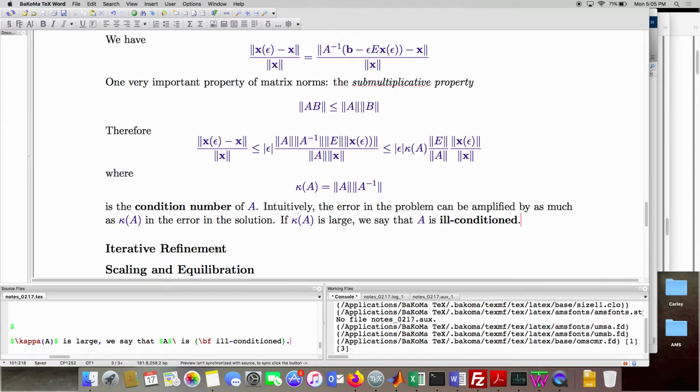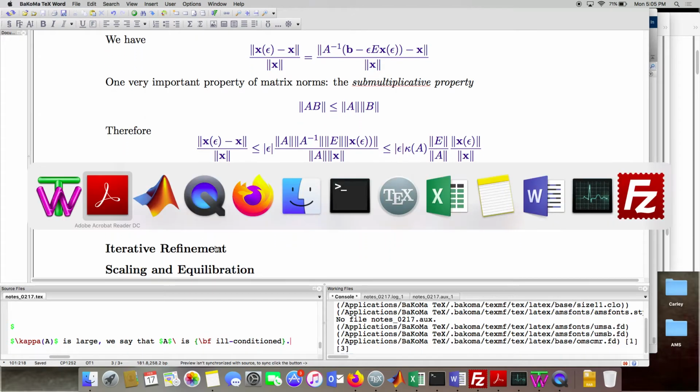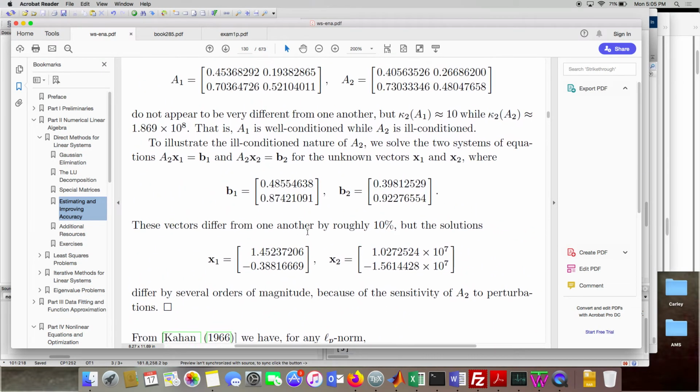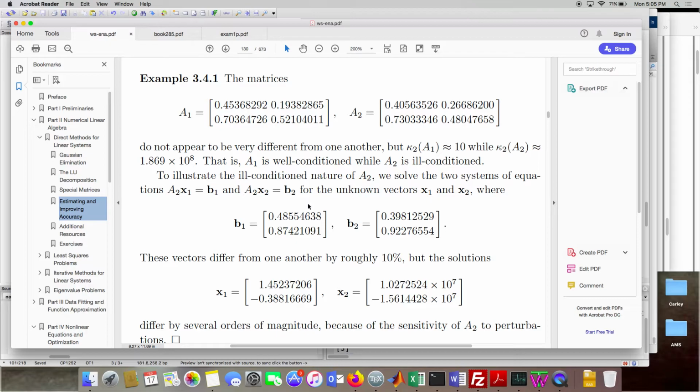And to give you an example, here I've made up two matrices that are fairly close to each other, but there's nothing obviously different about them. But the one on the left is well-conditioned.